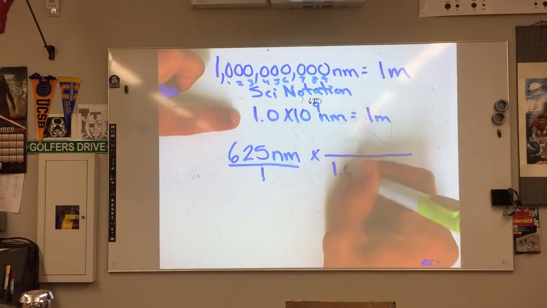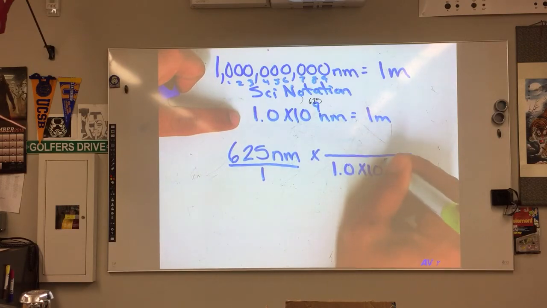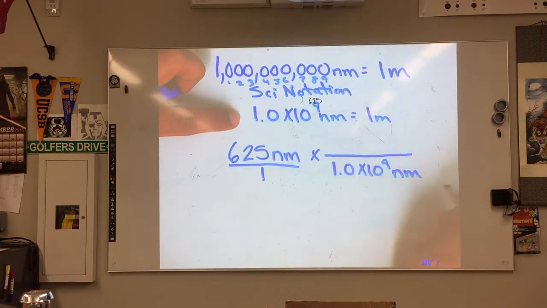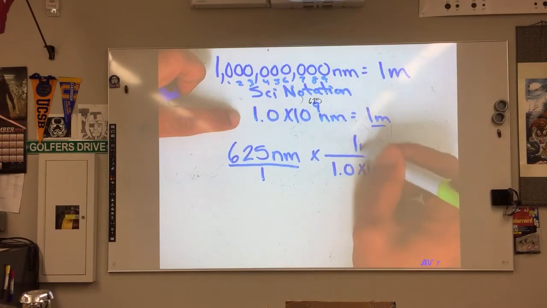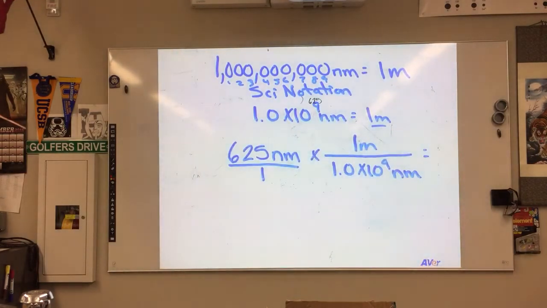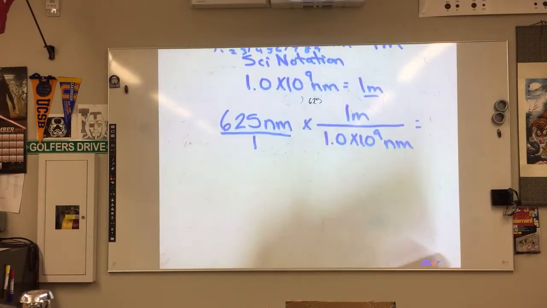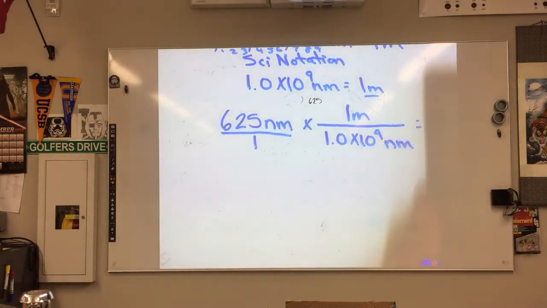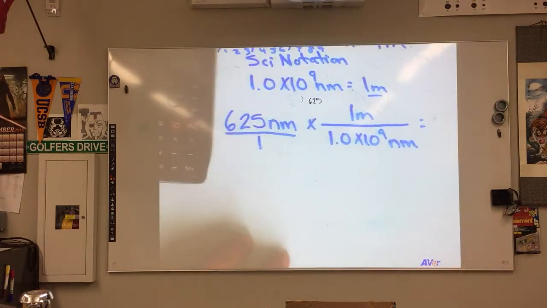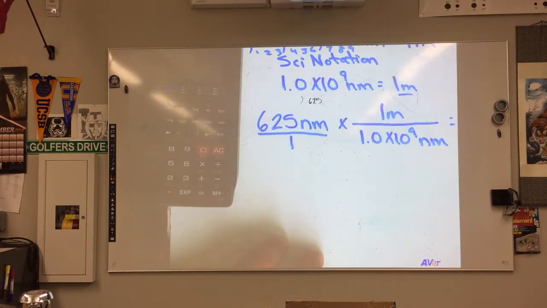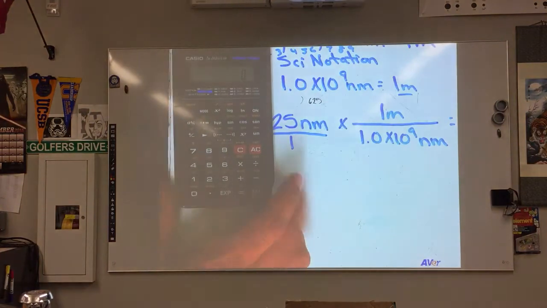So we'll put 1.0 times 10 to the 9 nanometers on the bottom, and on top we have 1 meter. Now this is a problem that we can solve, and we will solve it using our calculators. Many of you have calculator problems, so we want to make sure that you have an opportunity to see the keys.